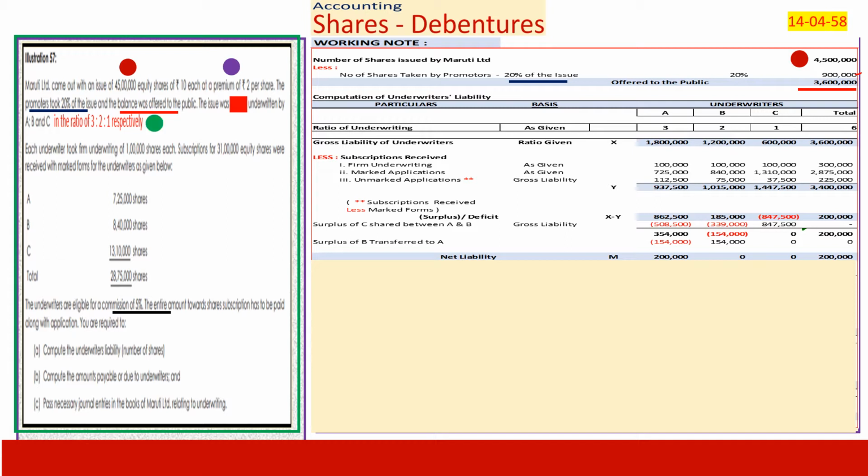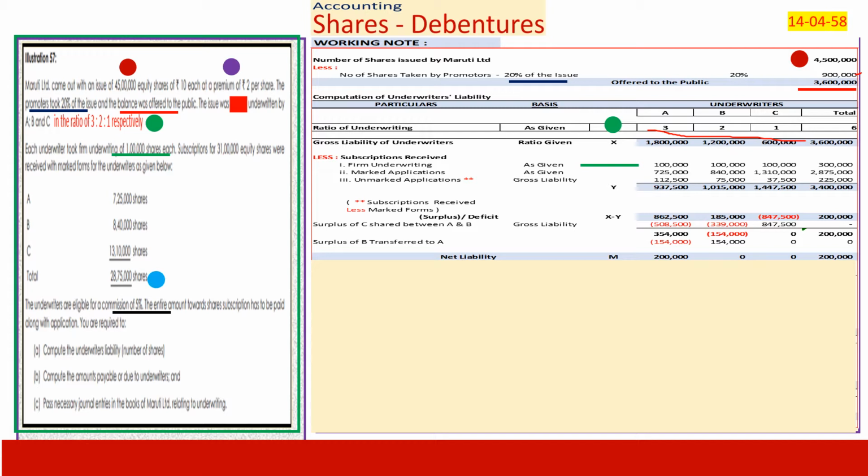There were three underwriters who underwrote the issue in the ratio of 3:2:1. Therefore, 36 lakhs was underwritten by them in the ratio of 3:2:1. Effectively, 18 lakhs underwritten by A, 12 by B, and 6 by C.